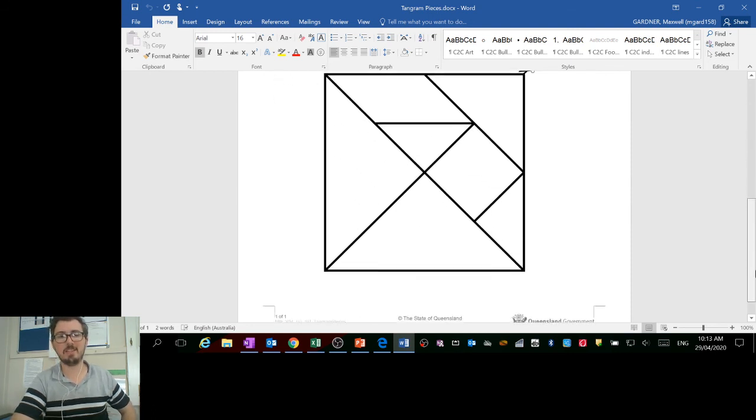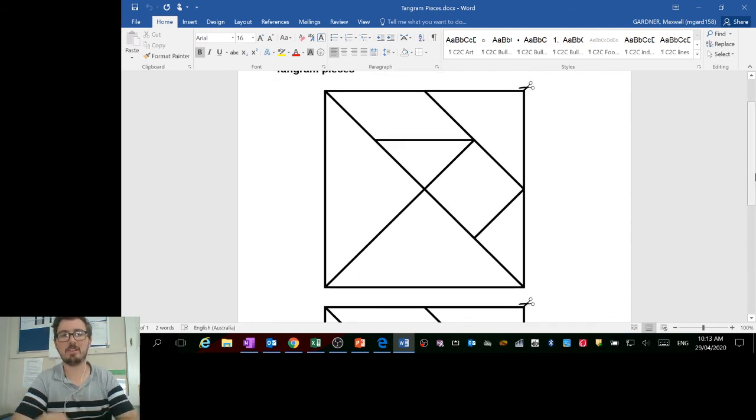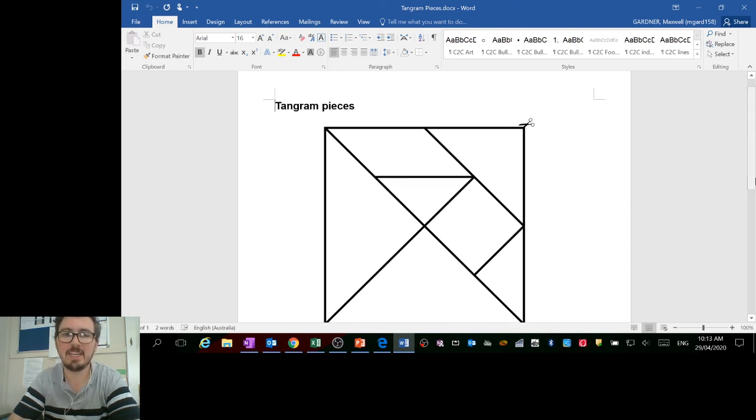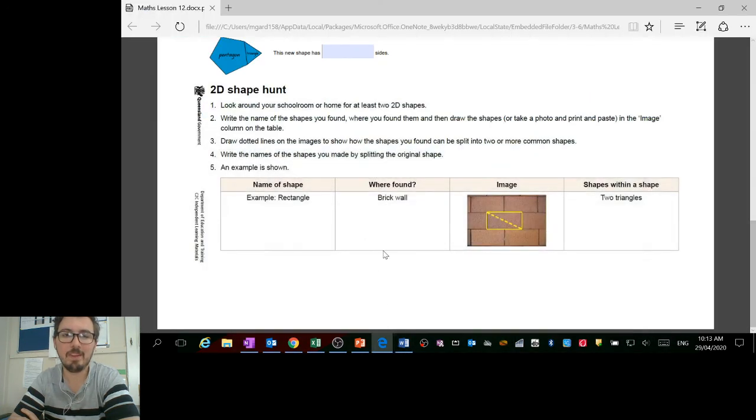All right? So there's two in there that are both the same. You can have a go at that tangram. And then once you've put it all back together and you've had a good play with it, you can glue that into your book as it is there. All right? And that's it.